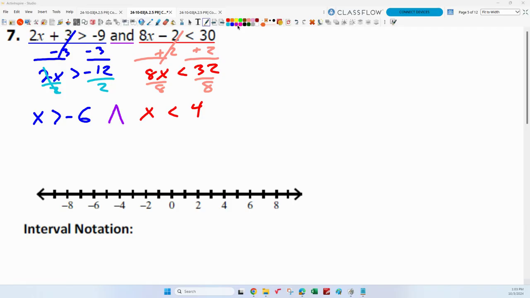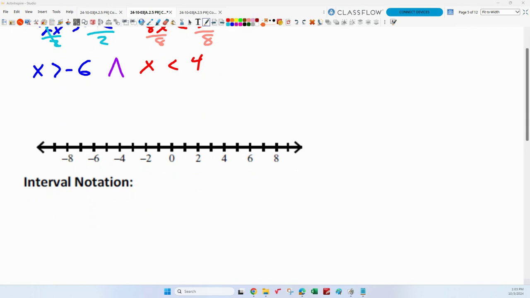But we don't want to leave it like that. We want to try to push these together. When we want to write these as a 3-part inequality, the easiest way to do it would be to graph it first. The graphs are very helpful. So would everybody agree the blue one is going to be an open endpoint at -6, and we're going to shade to the right, because we want greater values.